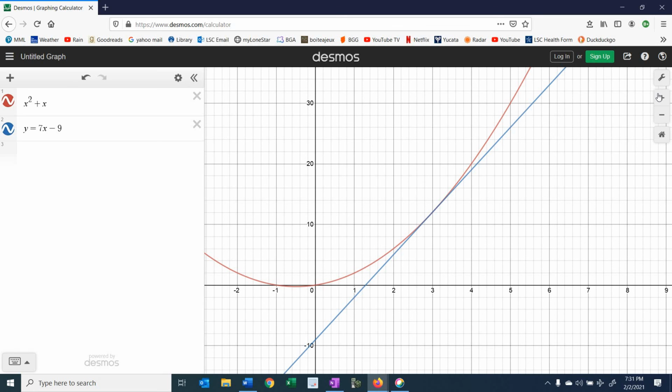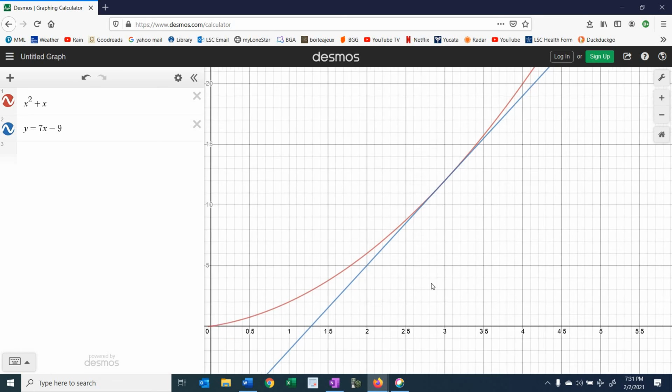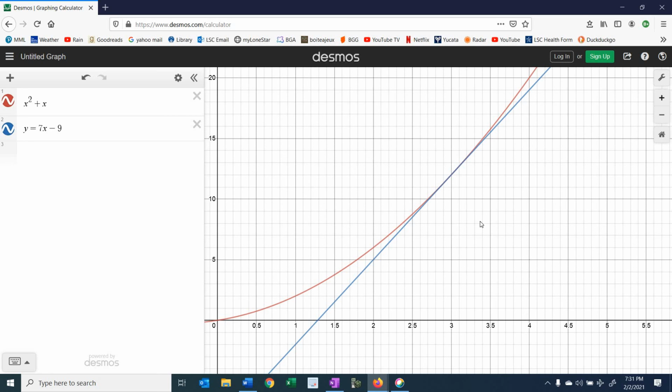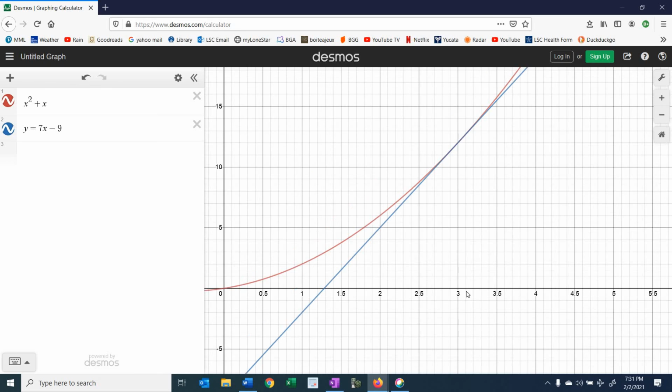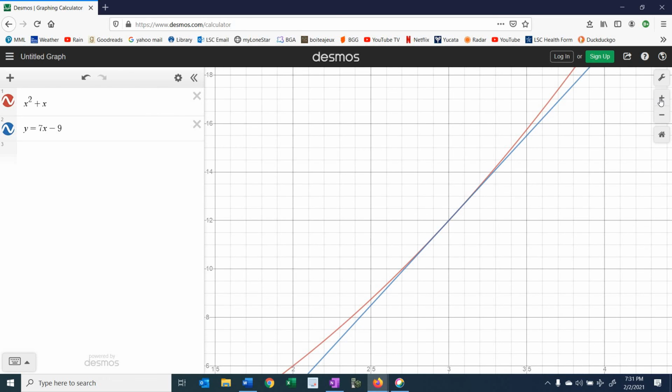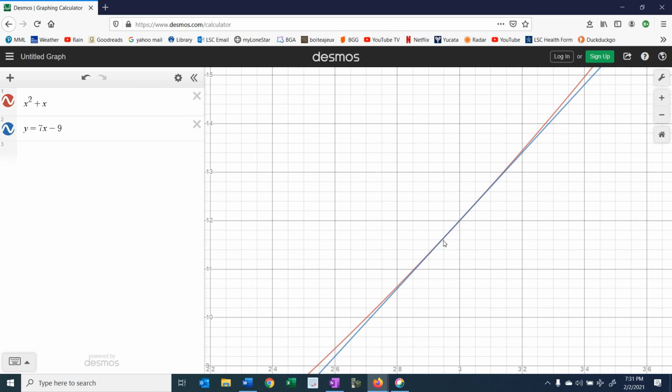That's the tangent line. If you zoom in on this, you can see that that line goes through this point 3, 12 right here. And that's the only point that goes through both the function x squared plus x and the tangent line 7x minus 9. It's right there.